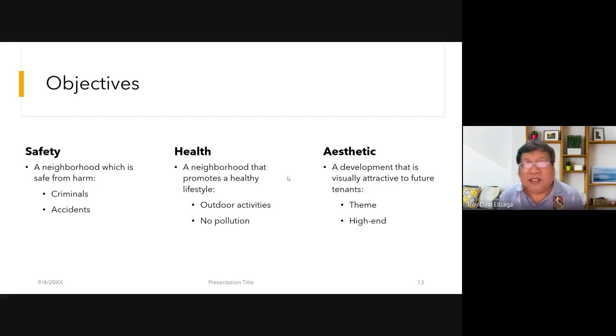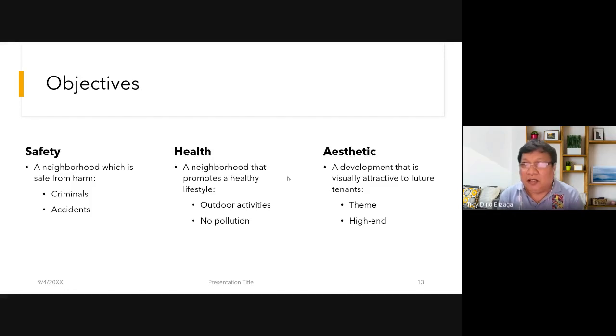And then finally, aesthetics. So the objective is to create a development that is visually attractive to future tenants. Then it was mentioned that there should be a theme. We also mentioned that it's open market, therefore it has to be high end. So that theme has to fit that high end characteristic, so that you're not going to go for a slum theme or something.